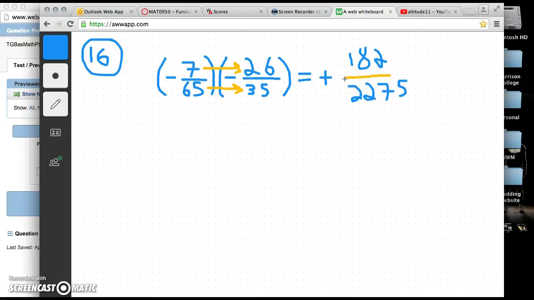All right, so our answer to this problem without any simplification is 182 over 2,275. So our job now is to see, is there a common factor that exists between our numerator and denominator, and can we then factor that common factor out? In other words, simplify the fraction.